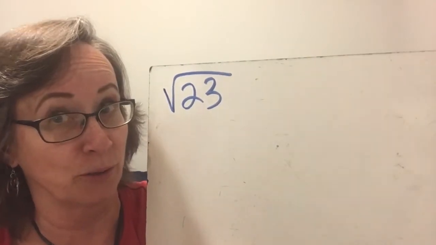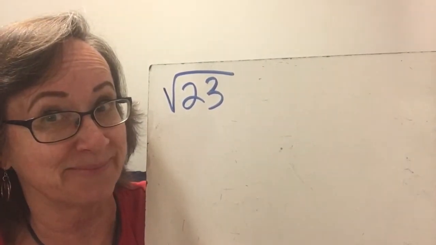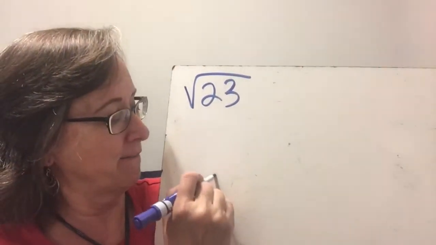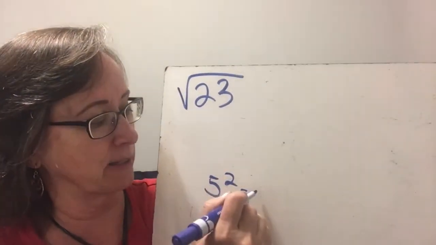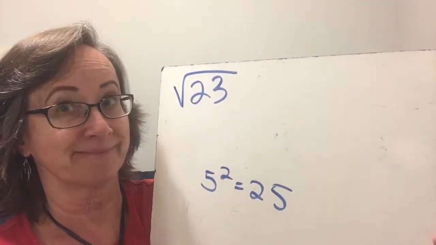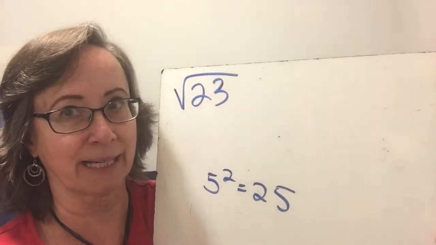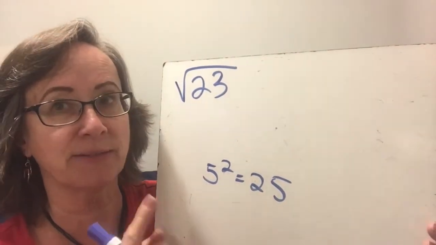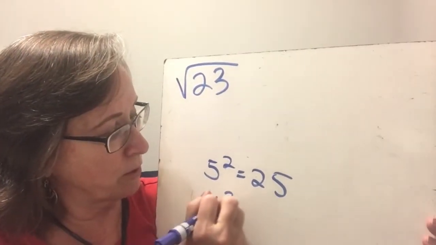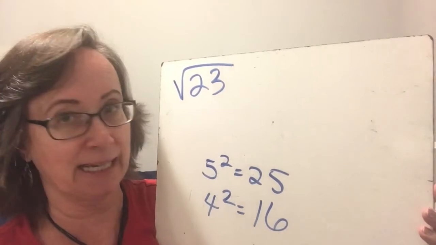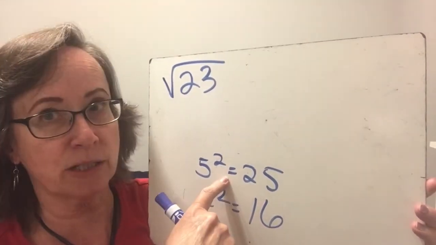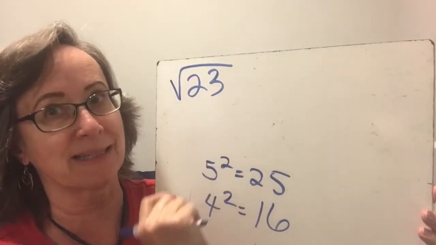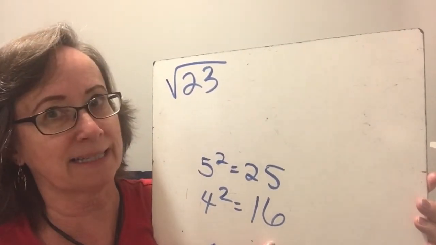So pause your video. All right, so we know that 5 squared is 25. And I'm looking for 23. So I know it's close to 5, but 5's a little high, isn't it? 4 squared is 16. Do you see how close we are with the 5 squared? So that's going to be 4 point something, because 4 squared is 16.